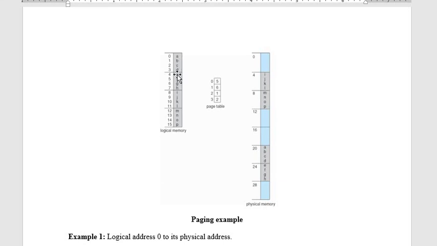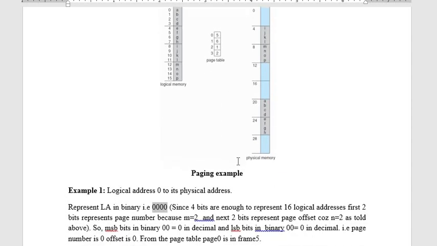Out of 4 bits, the first 2 bits are enough to represent the page number, because by having 2 binary values we could have 00, 01, 10, 11, 4 possible addresses, right? So the next 2 bits are enough to use as an offset within the page, because again within the page we have 4 addresses. So again, to represent the 4 we need 2 binary values or 2 bits.